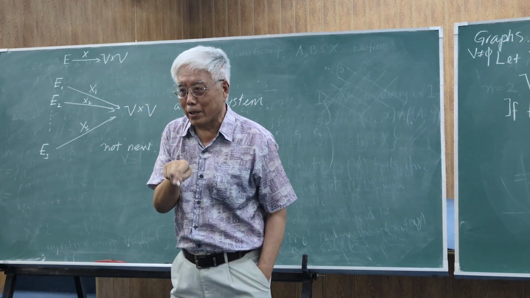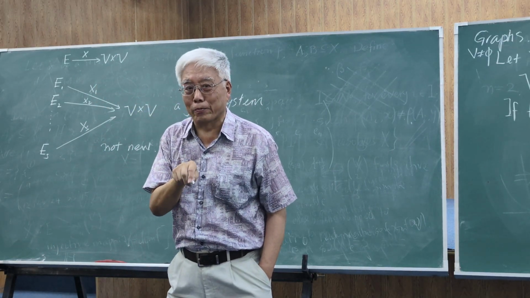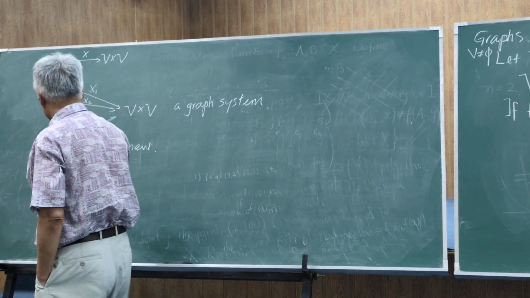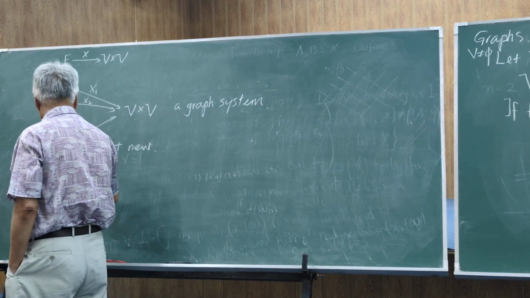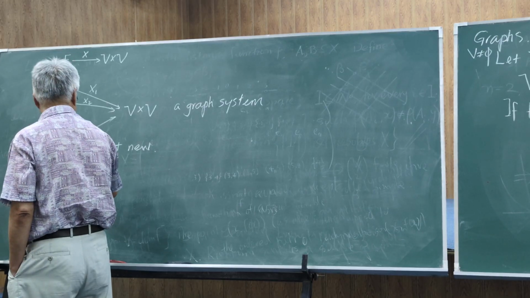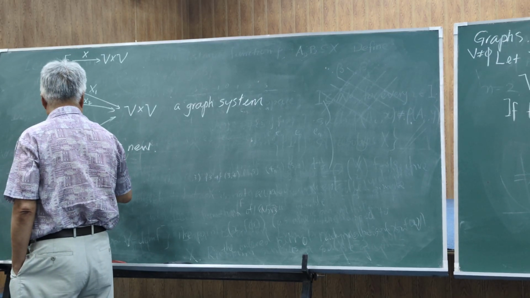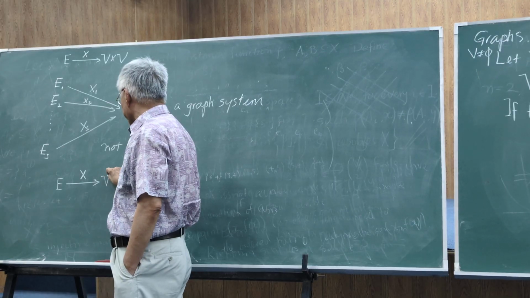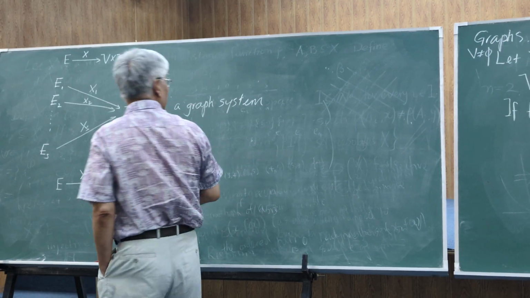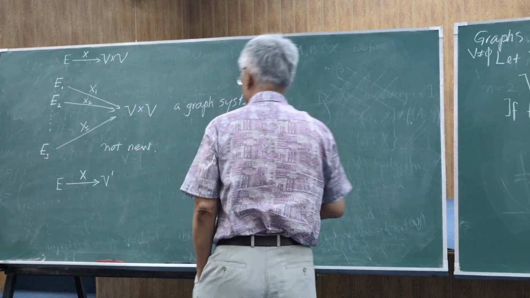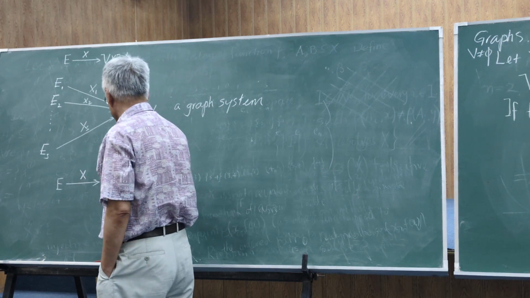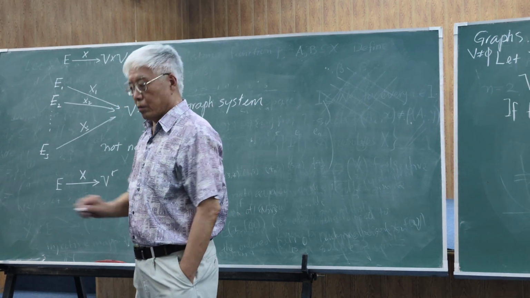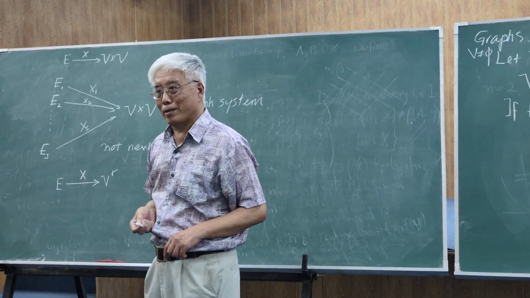Let us now try generalizing the head of the arrow. It is there alone, and X is still there. One thing you can think about is to write E to V to the power r, the r-fold Cartesian product.